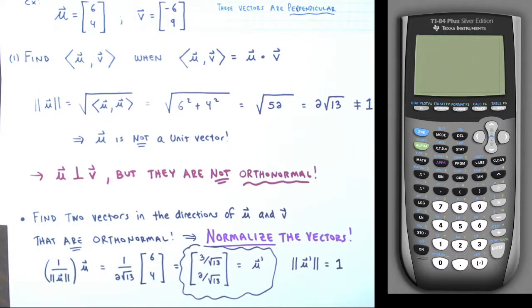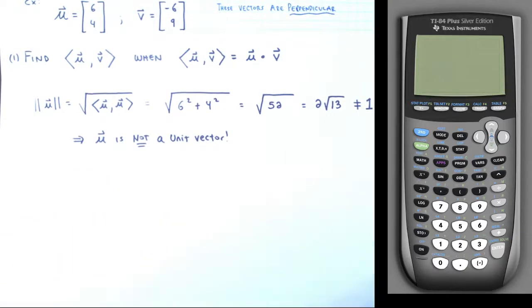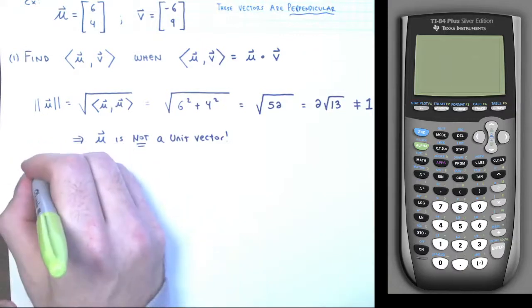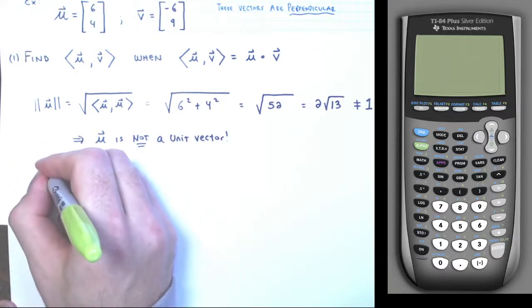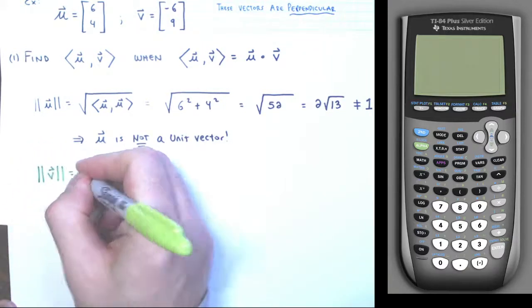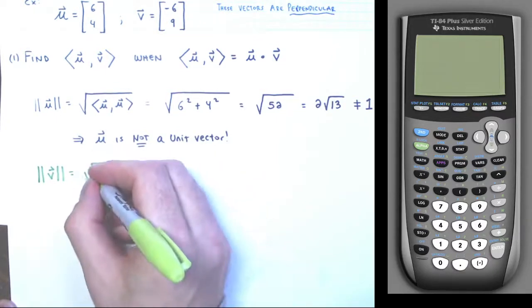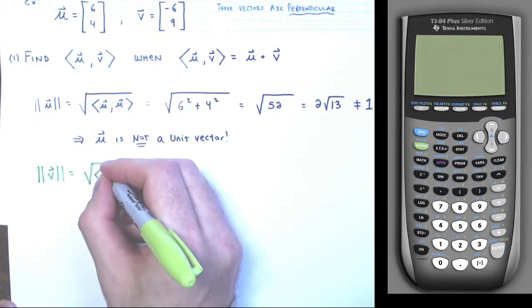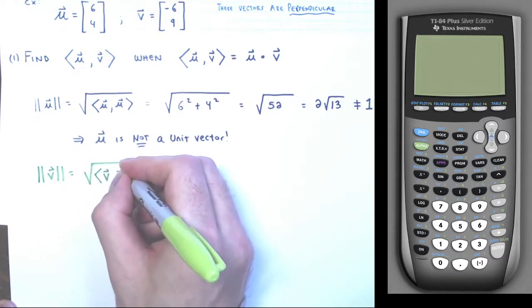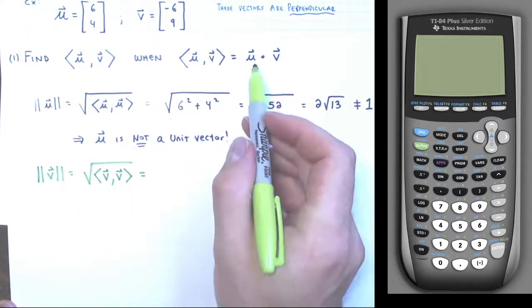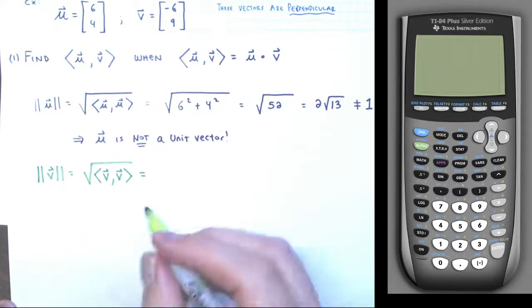And then I'm going to do the same thing for vector v. Alright, so I'll pull up another page and let's do the same thing for vector v. So what's the norm of v? Again, the norm of a vector under any inner product space is defined as the square root of the inner product of that vector with itself, and here the inner product is the dot product.